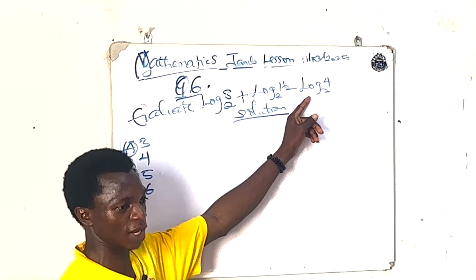Therefore, your obtuse angle R is 121 degrees. Very simple.